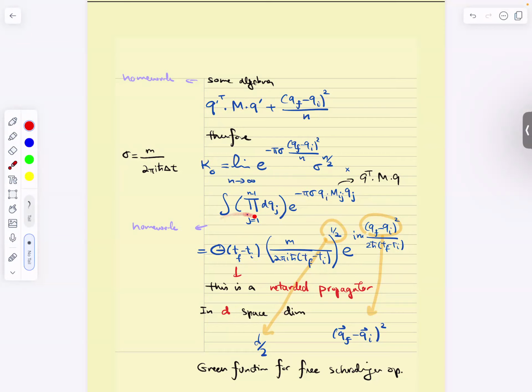First, because of this step function, this is a retarded propagator. That shouldn't be surprising. The other thing I want you to pay attention to is that the propagator's dependence on q_f and q_i is (q_f minus q_i) squared with a phase.